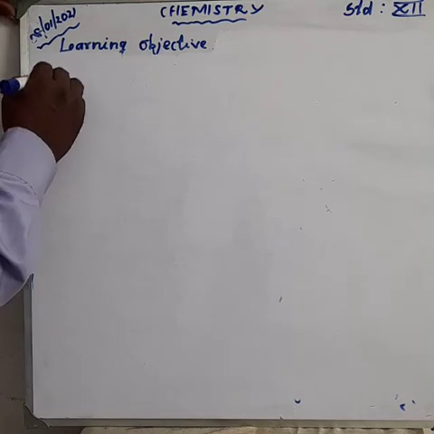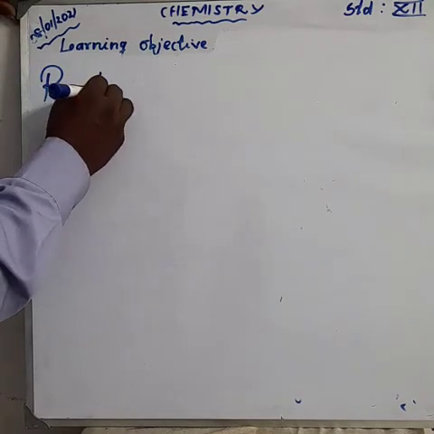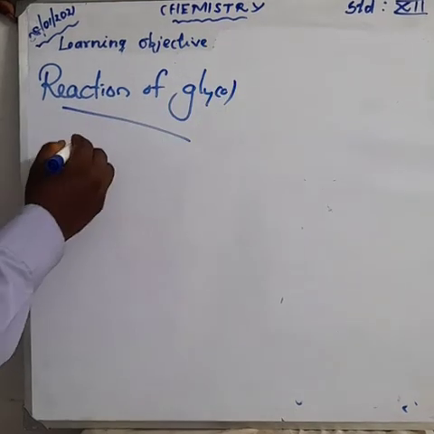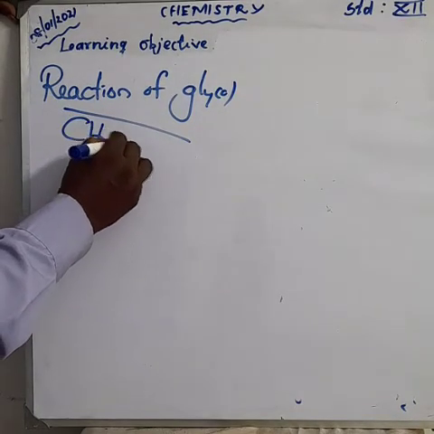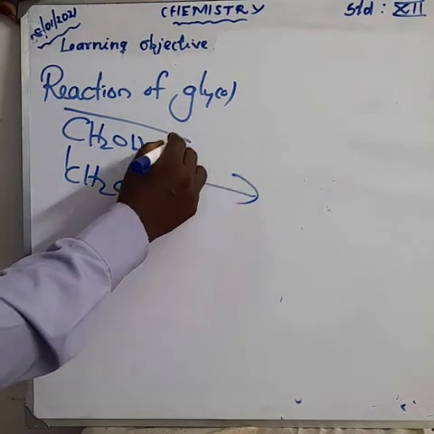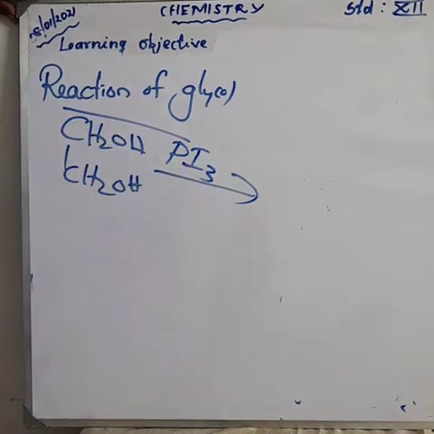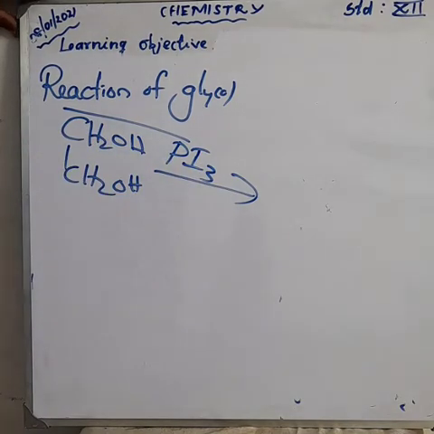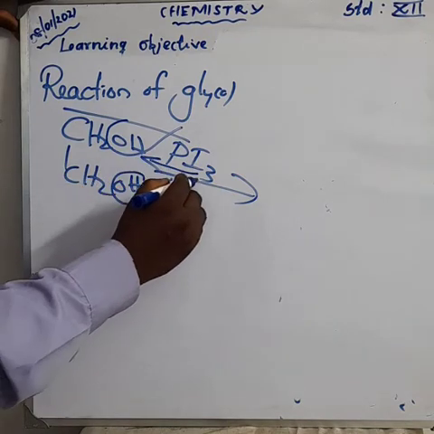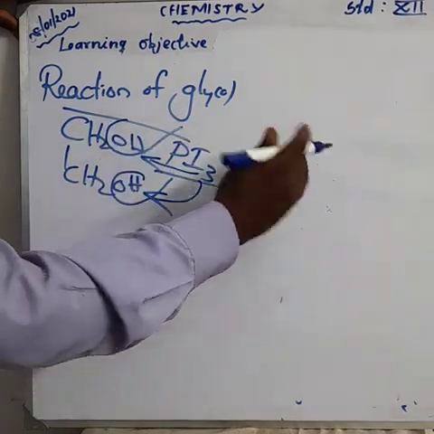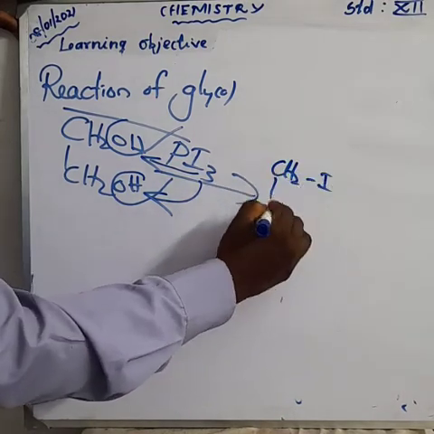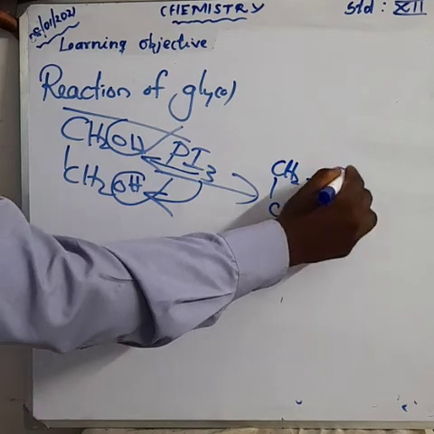Reaction of glycol. What is the formula for ethylene glycol? CH2OH-CH2OH. Ethylene glycol reacts with PI3, phosphorus triiodide. Here each OH is converted into I. So we get an unstable compound, CH2I-CH2I.